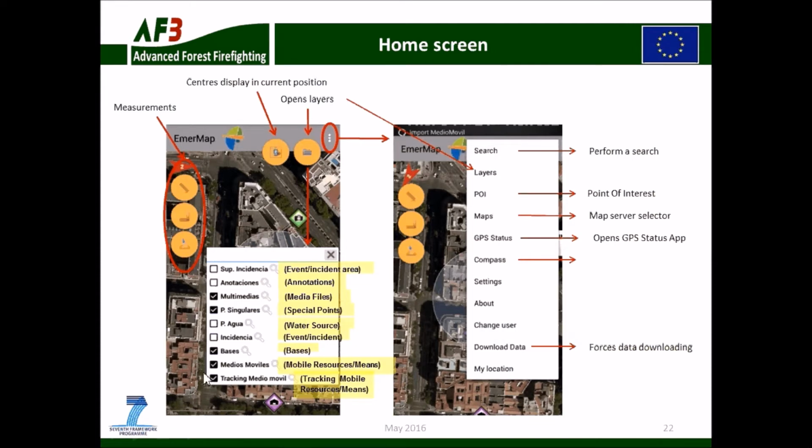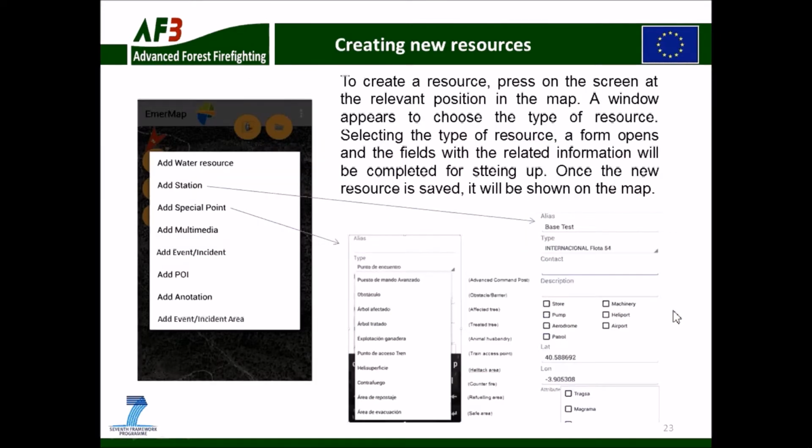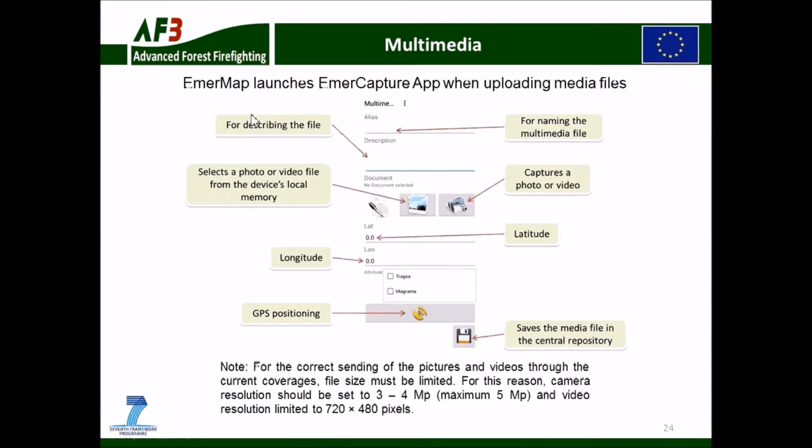It is possible to create new resources such as stations, special points, water resources, multimedia, events or incidents, points of interest, annotations, and event or incident areas. And also it is possible to include pictures or videos according to a particular position.